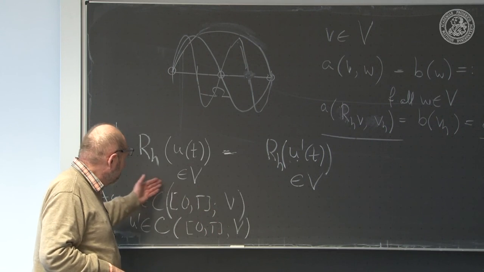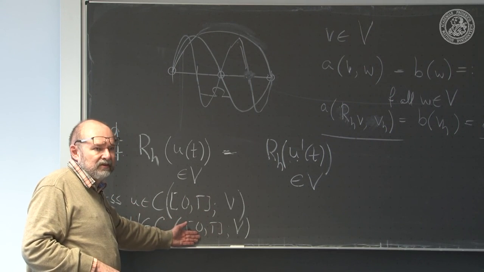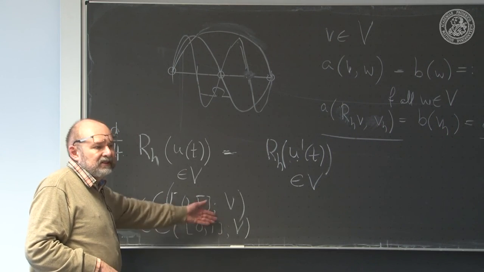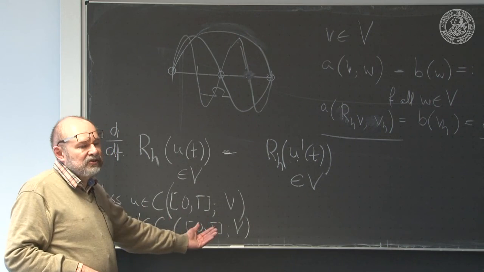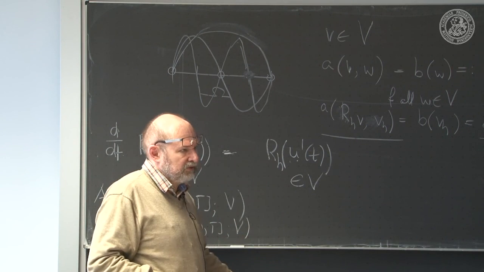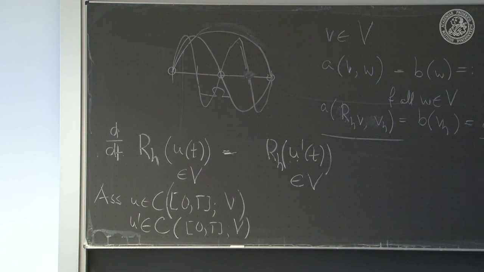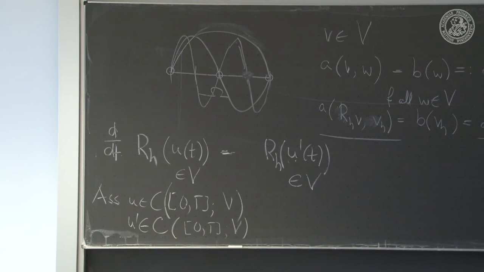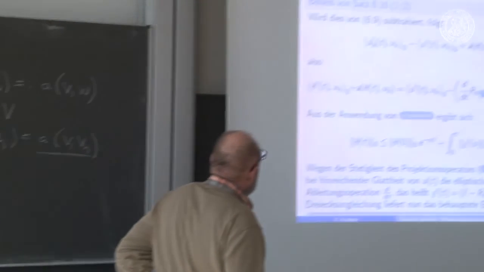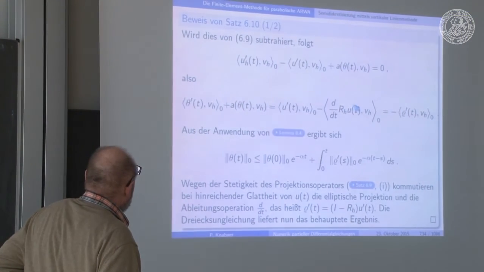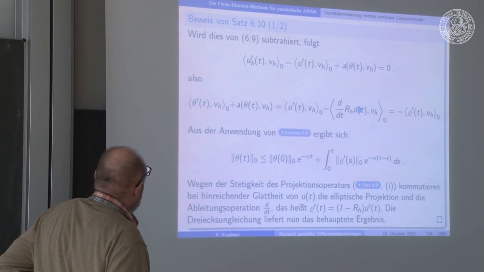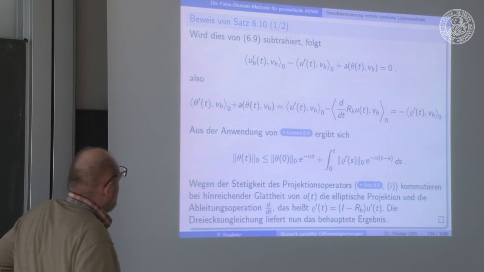That means we really need in these spaces classical derivatives, not weak derivatives. That is what was hidden behind this notion sufficiently smooth. And this exchangeability we have used at this place here, because actually we would have here RH of u prime, which we have exchanged here.